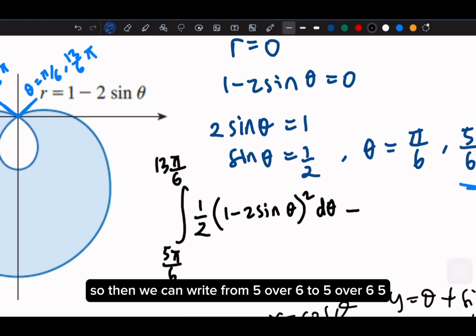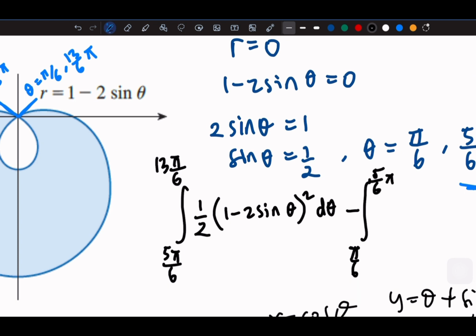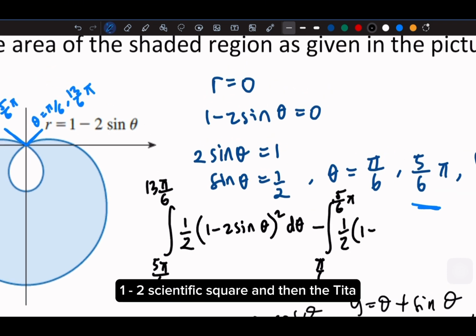So then we can write from pi over 6 to 5 over 6 pi, and then the same 1 minus 2 sine theta squared, and then d theta.